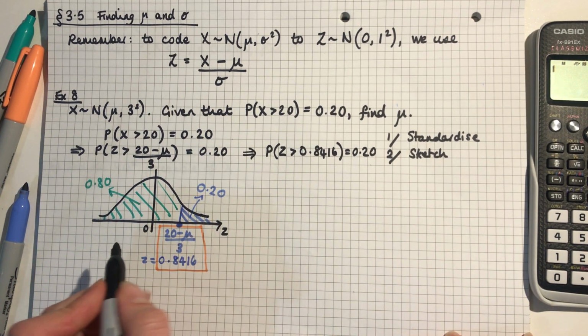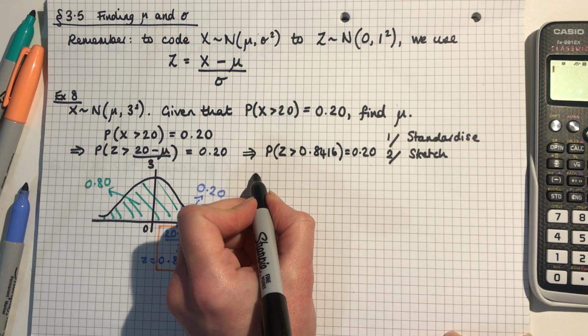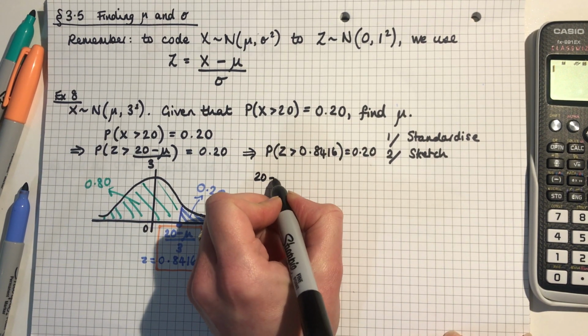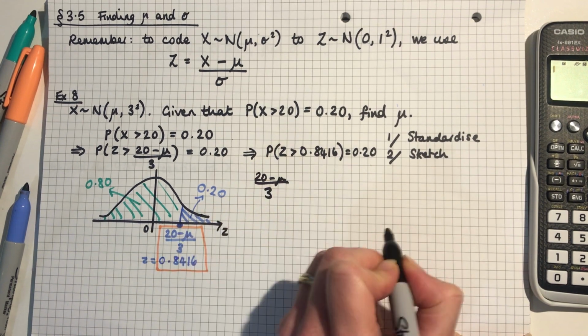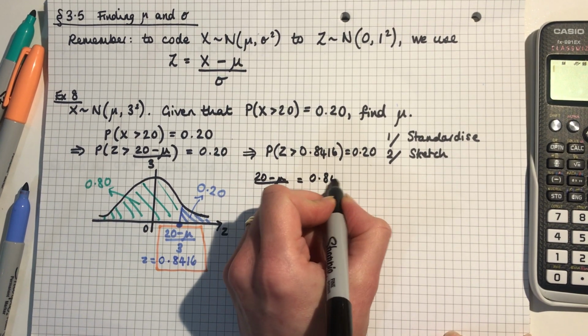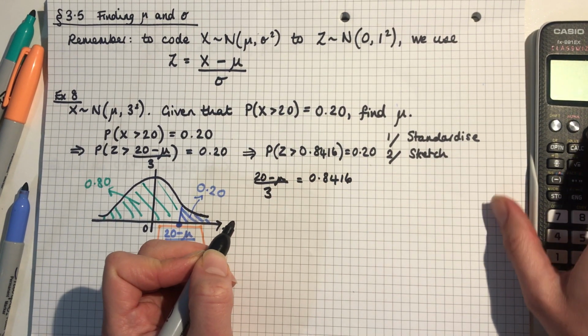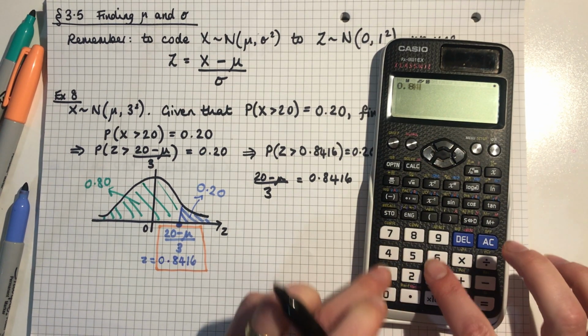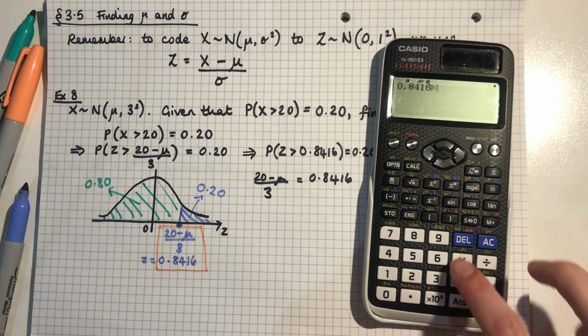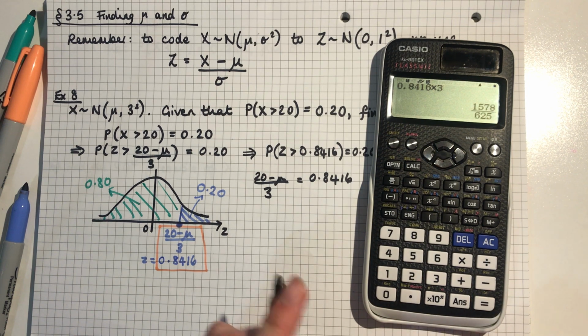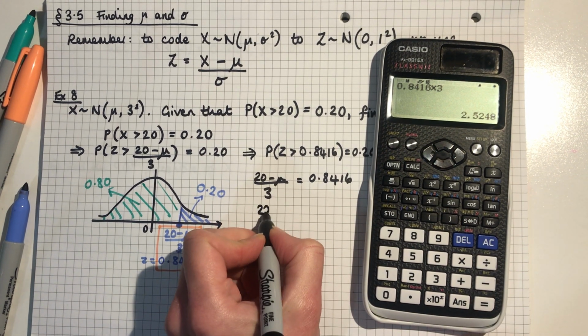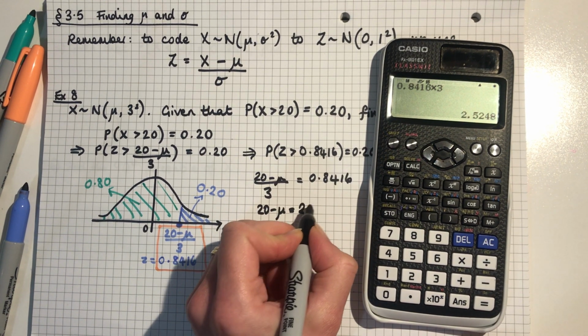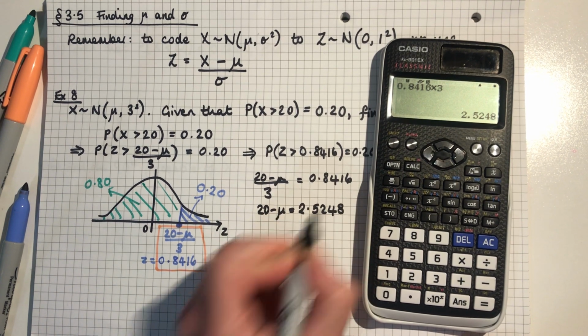So let's take 0.8416 and multiply it by 3 so that we get 20 minus mu is 2.5248.